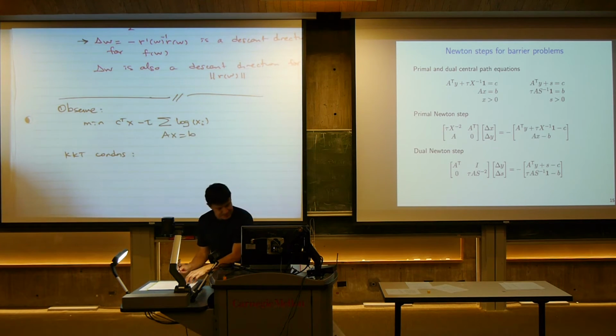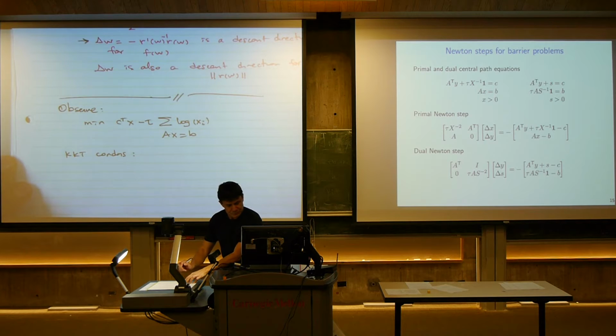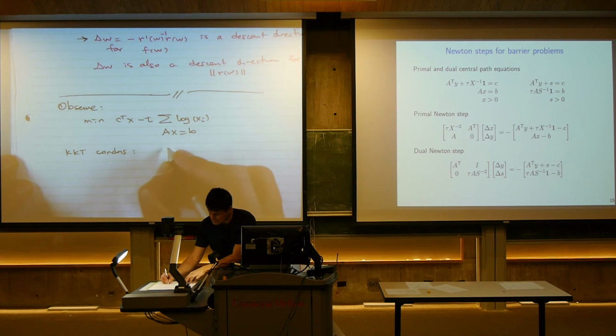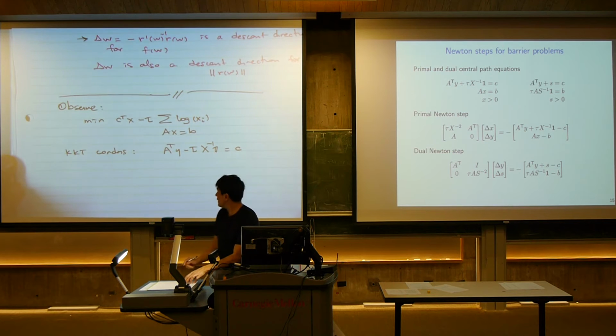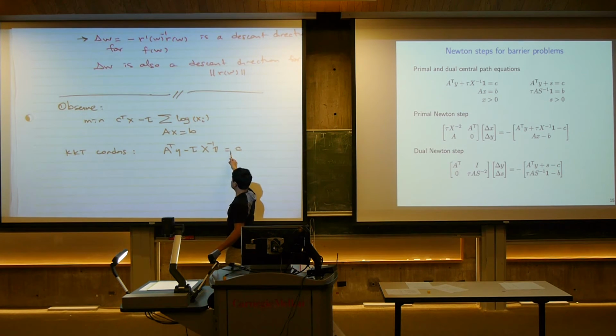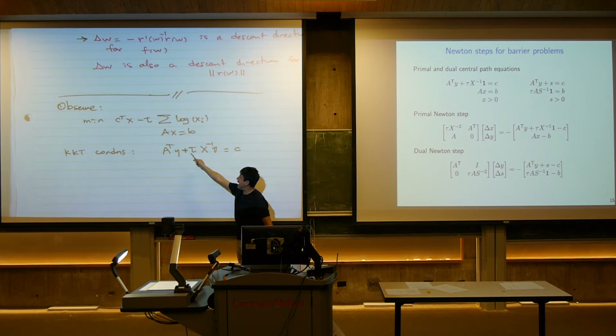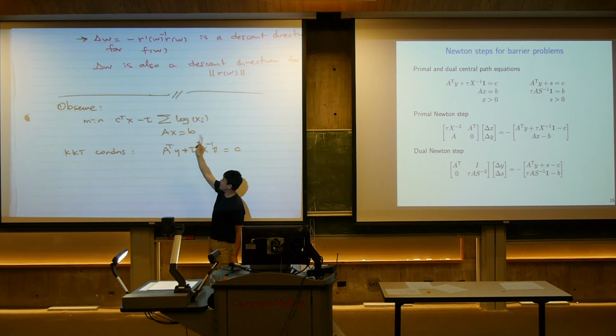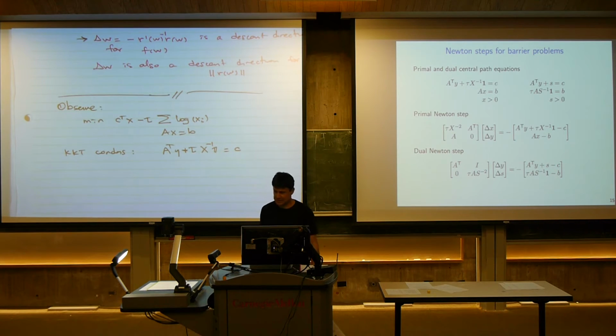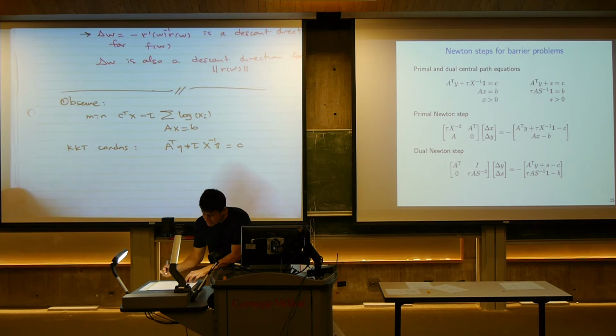So if you play with this, you get that the KKT conditions can be rewritten as A transpose Y plus tau X inverse 1 equal to C. Observe that C minus tau X inverse 1 is the gradient of the objective, right? And A transpose Y is just a combination of the gradient of the constraints. So the KKT conditions for this problem you can write like that, and of course AX equal to B.